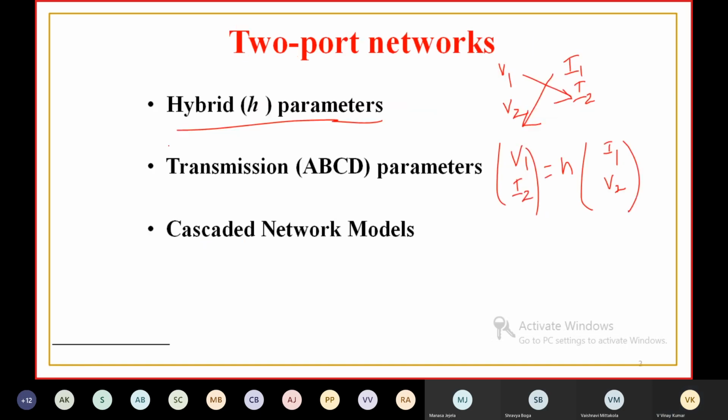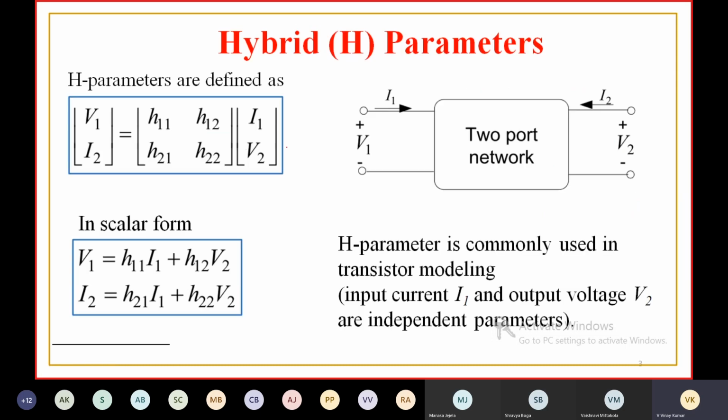You remember it like this: first write V1, V2, I1, I2, put two arrows, then follow the directions of those arrows: V1, I2 and I1, V2. So V1, I2 is equal to H into I1, V2.